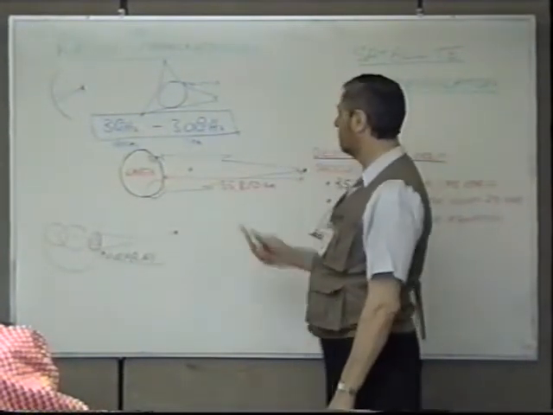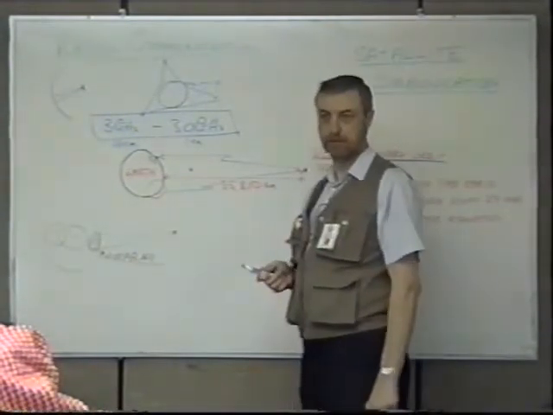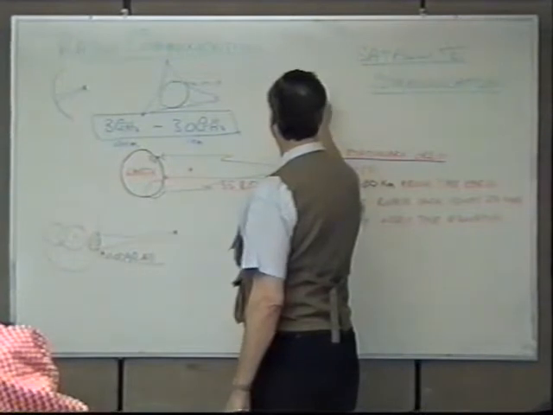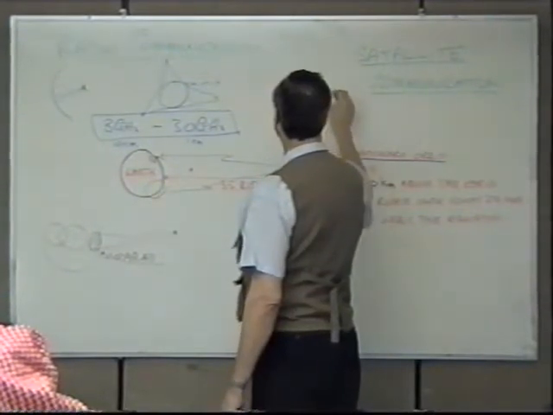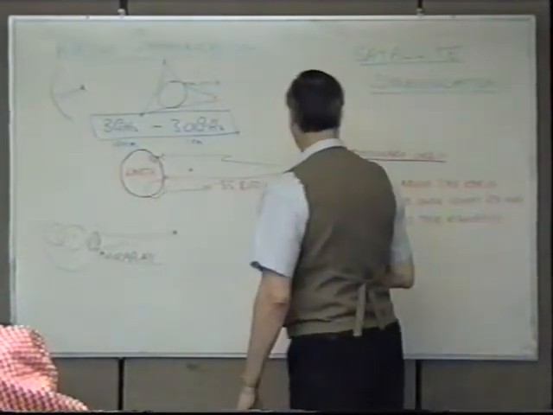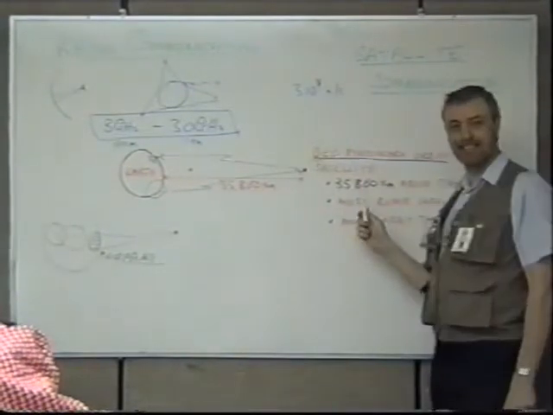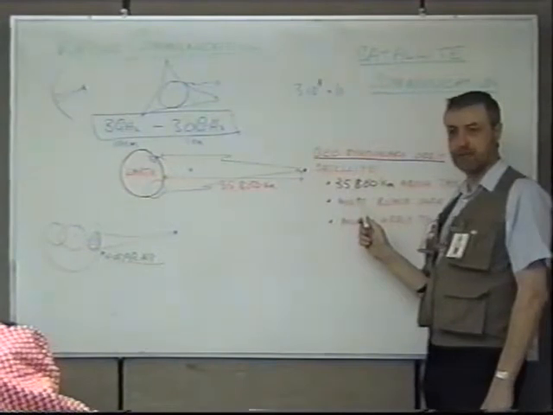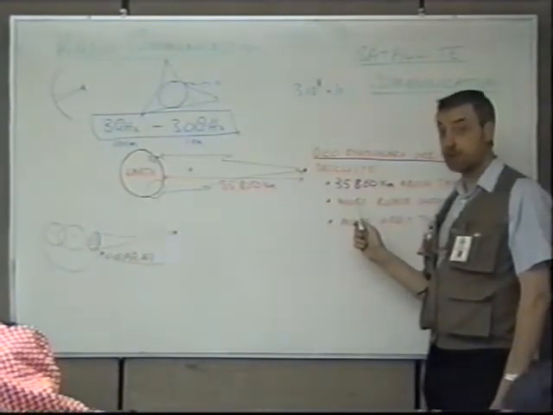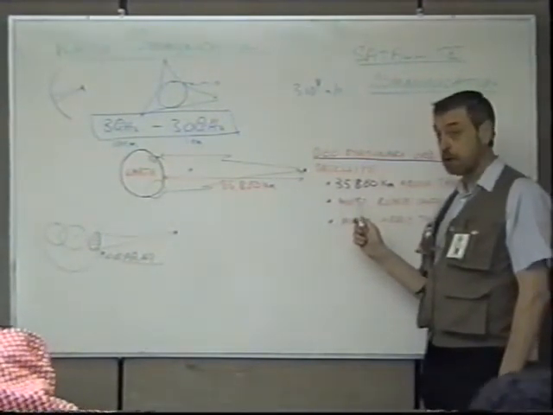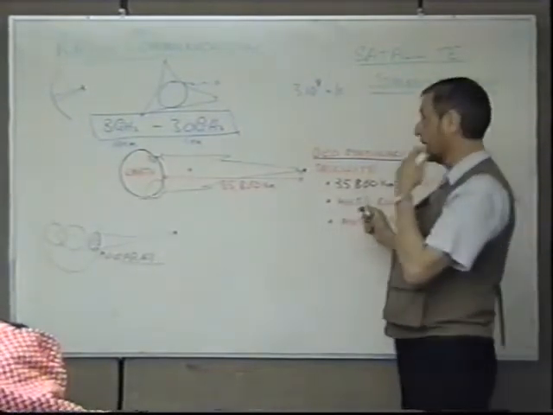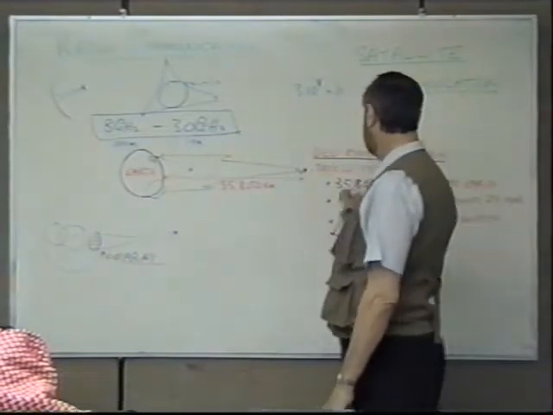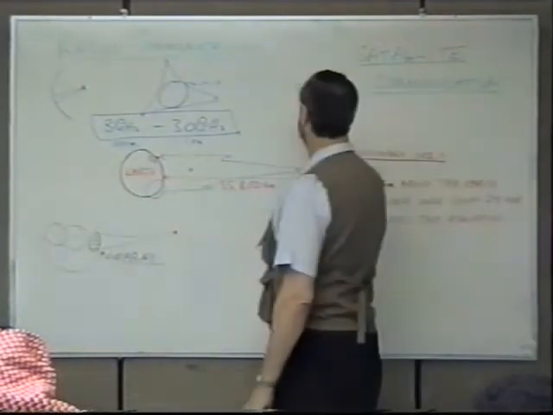Now, how fast does the radio wave travel? 3 times 10 to the power 8 meters per second, isn't it? Okay, now look how far away the satellite is. It's over 35,000 kilometers away. Even if it was, say, 30,000 kilometers, to make the figure simple, how many meters is that? 35 million.